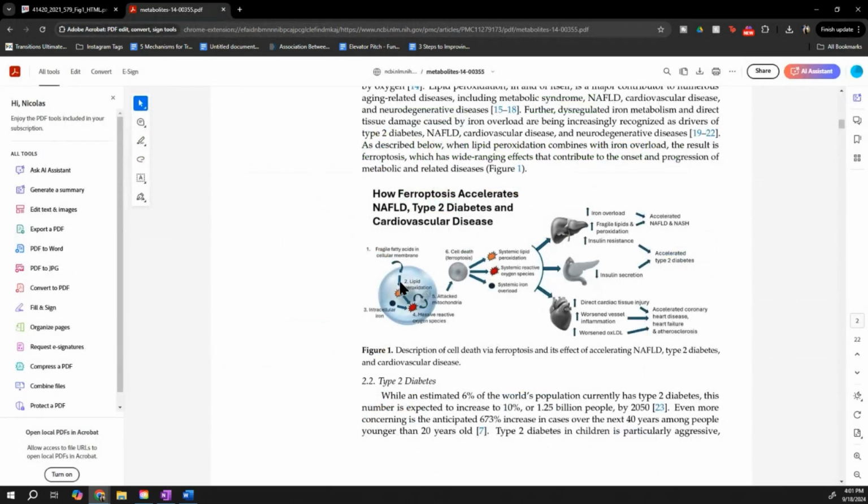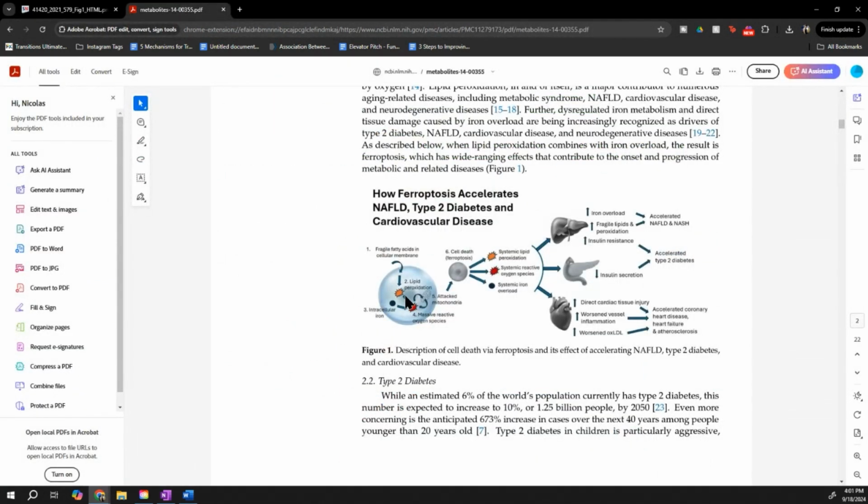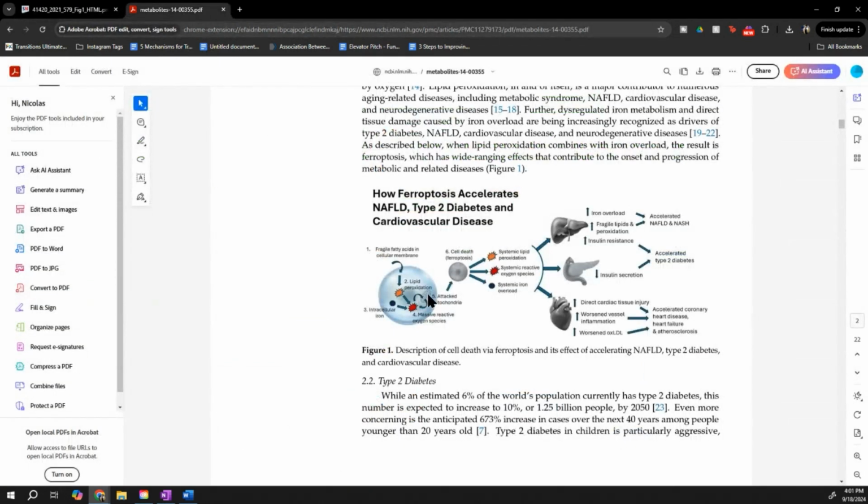And those then affect the function of the system XC, so that cysteine can no longer enter the cell, which ultimately leads to lipid peroxidation, which means the damaging of the lipids, not just in the cell membrane, but also in the mitochondrion, because the mitochondrion has a membrane, actually two membranes, and these lipids are also integrated into the mitochondrion.